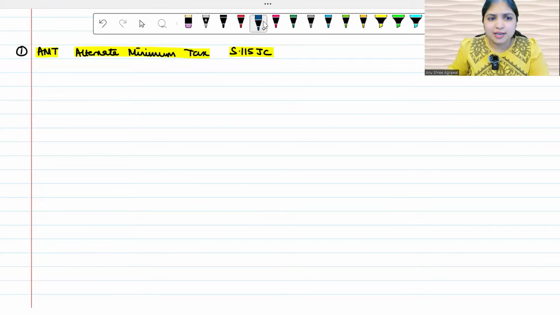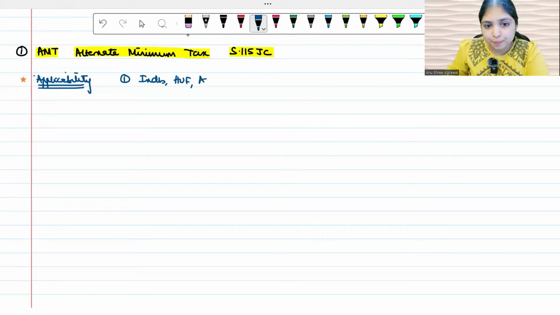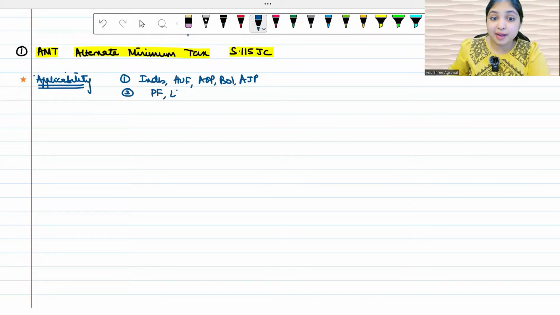See, first of all, let's talk about the applicability. Applicability because this concept is not applicable to every assessee. So my very first point is going to be about applicability, that this concept of AMT is applicable to whom? See, it is applicable, number one, to individuals, HUF, AOP, BOI, AJP, and it is also applicable to partnership firm and LLP.